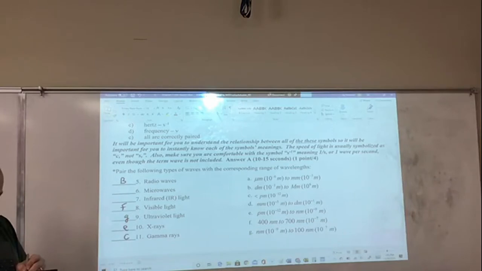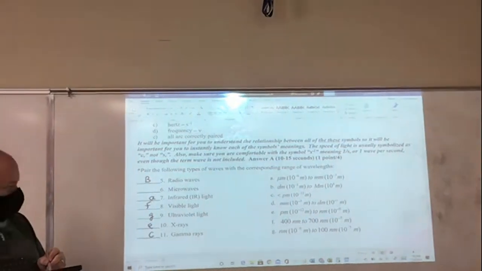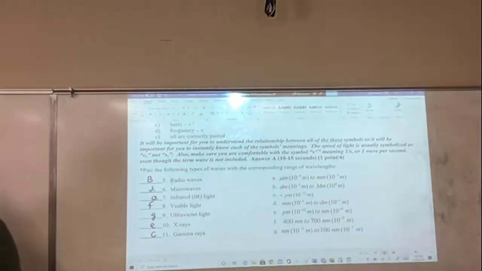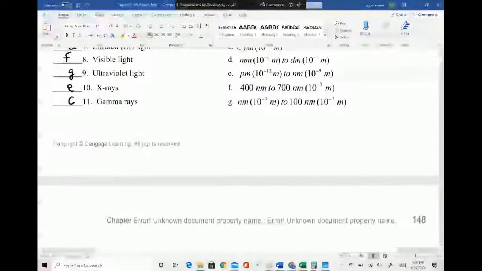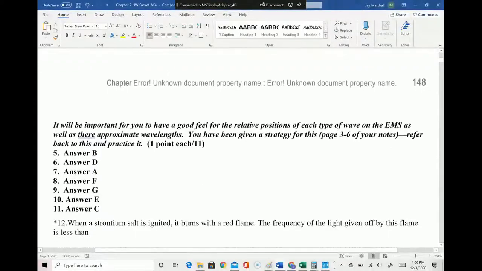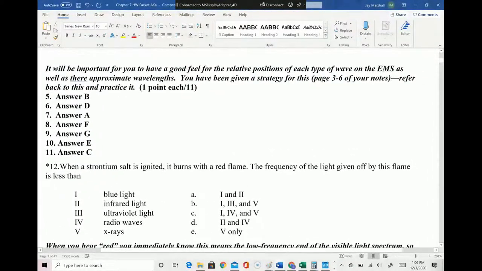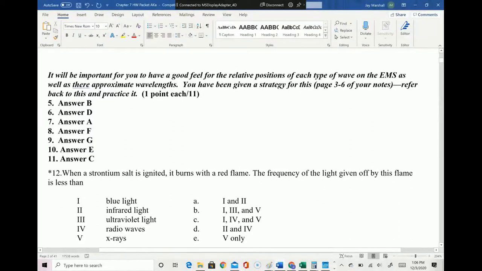So A, and microwaves would be D. Is this making sense? Yes. And again, you can see how just having that intuitive sense of things will allow you to figure these things out pretty quickly.